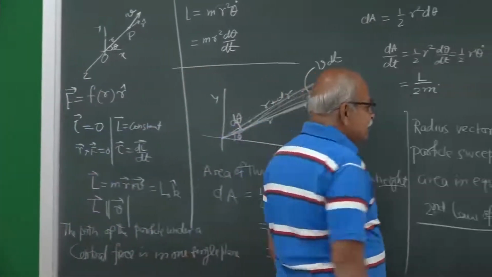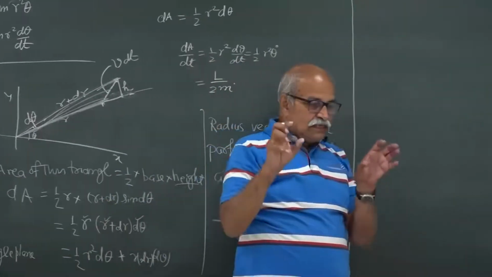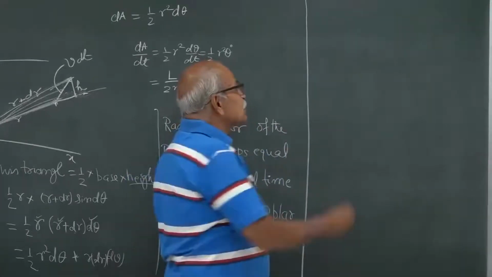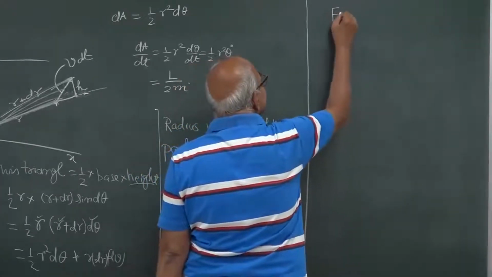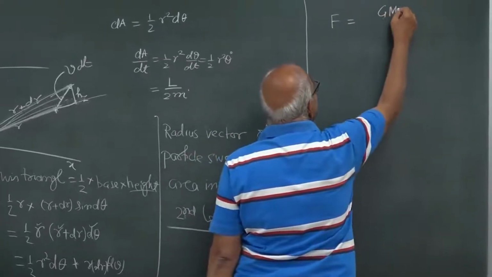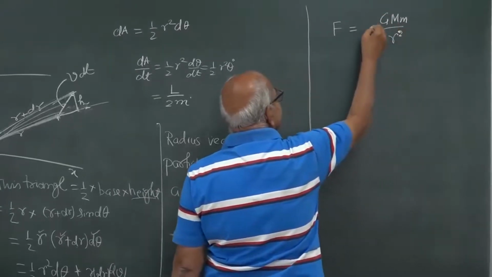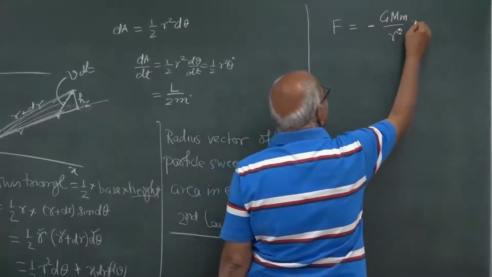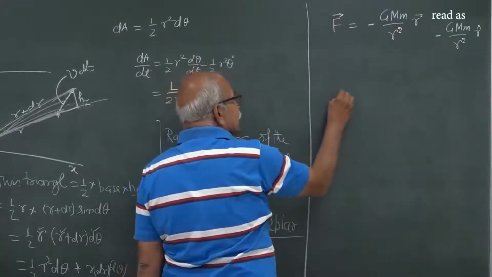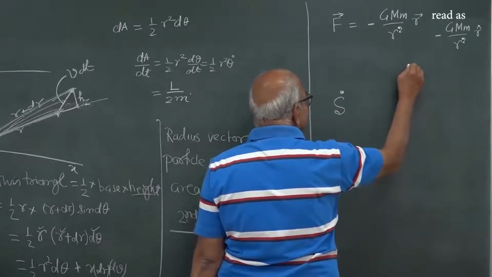Now, specifically, if you talk of that sun planet type system, you know the force is given by G m by r square in magnitude, and then the direction. So, we can write minus and r cap here. This is taking sun as the origin and planet as the particle.